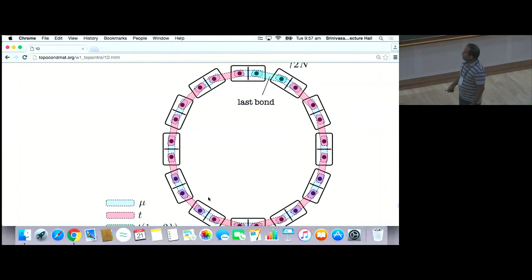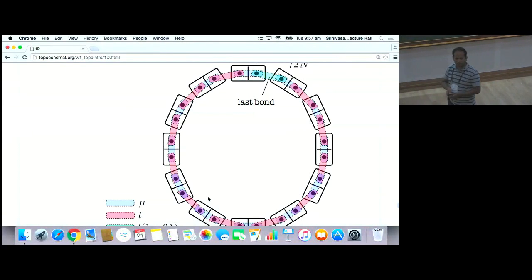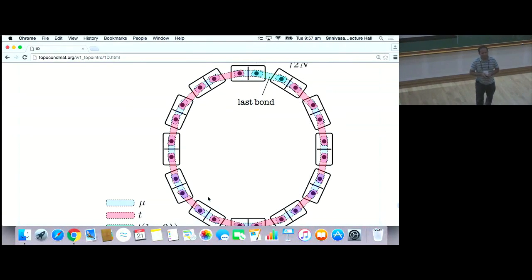Now, what is the topological invariant? Let's say it's fully closed first, so it's a perfect ring. What is the topological invariant telling me about this ring?